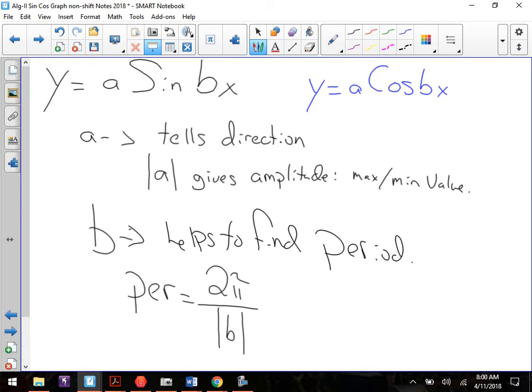The b value helps you to distinguish what the period is going to be. Now, sine and cosine take 2 pi to oscillate all the way around the circle. So if you're starting at 0, you go all the way around, it takes you 2 pi to get to where you started. By putting some sort of a multiplier to it, the period can get longer, or the period can get shorter, depending upon this b value.